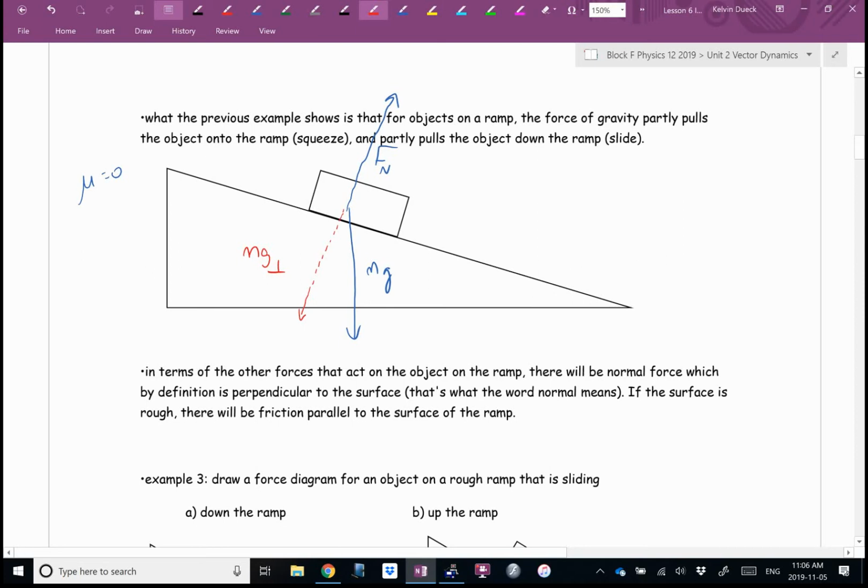The symbol for perpendicular is an upside down capital T, two perpendicular angles. That means perpendicular. And we're going to break it up into mg parallel to the ramp. The symbol for parallel is two slanty parallel lines.